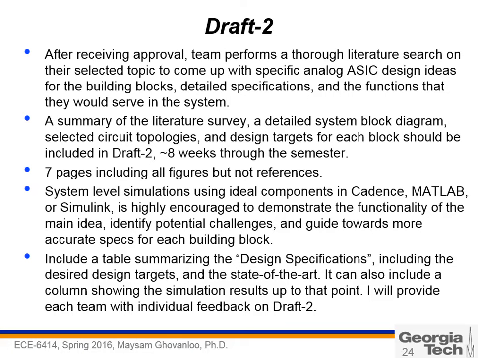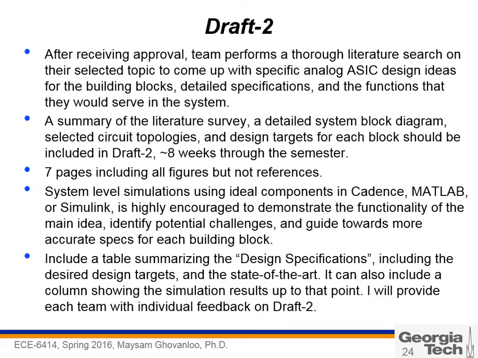For draft 2, you have done a much more thorough and comprehensive literature search to come up with the specific analog IC designs, topologies, building blocks, much more detailed specifications, and the kind of functions that each block should perform in your system on chip.